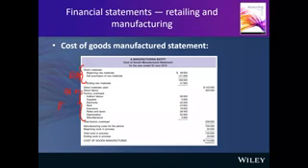Direct material plus direct labor plus factory overhead gives you total manufacturing cost. Then you plus beginning WIP minus closing WIP, then you will get cost of goods manufactured, COGM.